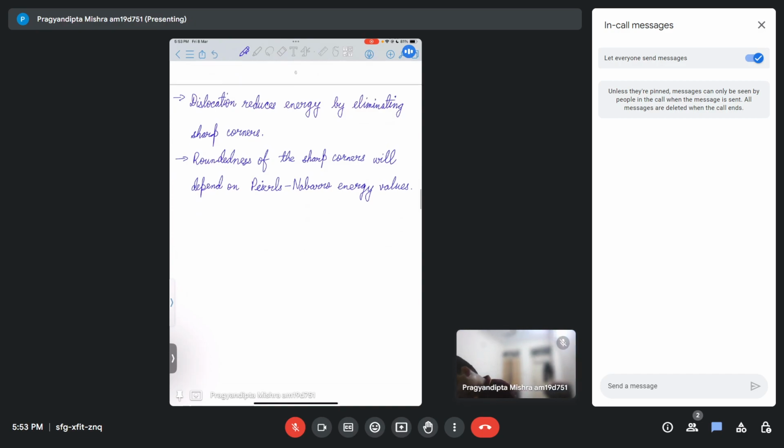So what are kinks? Essentially, kinks are sharp breaks within the same glide plane.